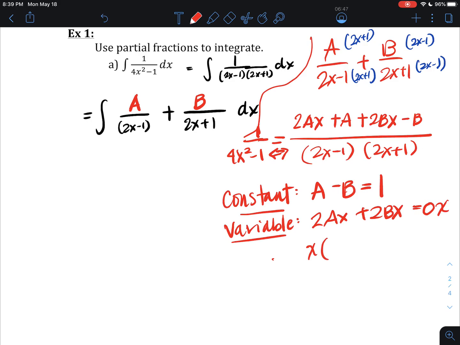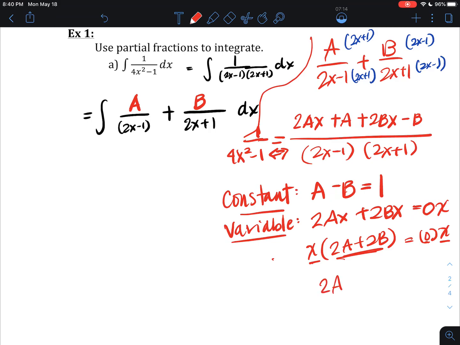So it gives me x times 2a plus 2b. And then here I have 0 times x. So these x values, I don't really need, because I'm just showing that that's the term that has the variable. So in reality, I know that the inside needs to be the coefficient of x, right?